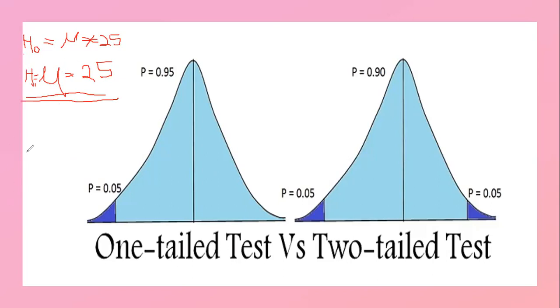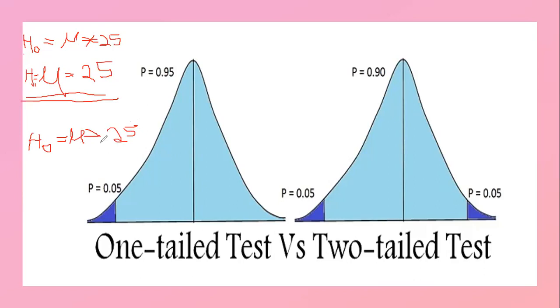And how can we identify whether it is a one-tailed test or not? See, in a one-tailed test, basically we write the null hypothesis, if we consider the same example, null hypothesis is equal to, and mu is more than 25.